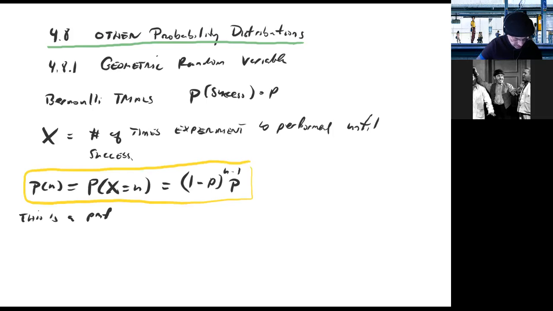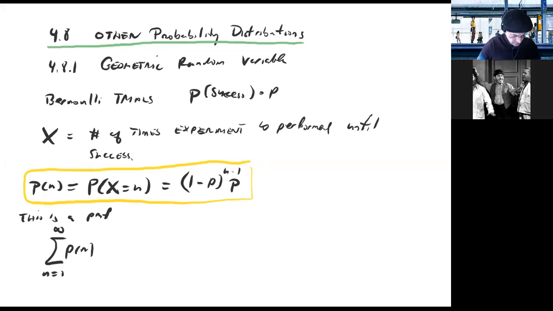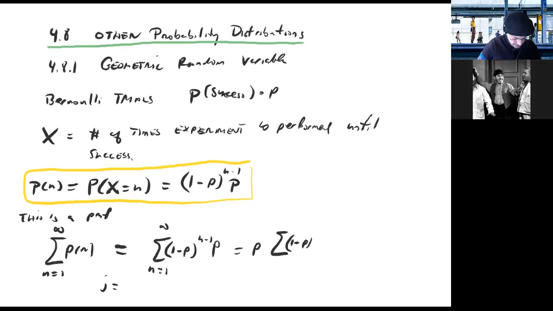Why is this a PMF? Because if I take the sum of p of n, n goes from 1 to infinity, we want to get 1, right? So this is the sum of (1 minus P) to the n minus 1 times P. We can factor out a P. Let's set j equal to n minus 1.